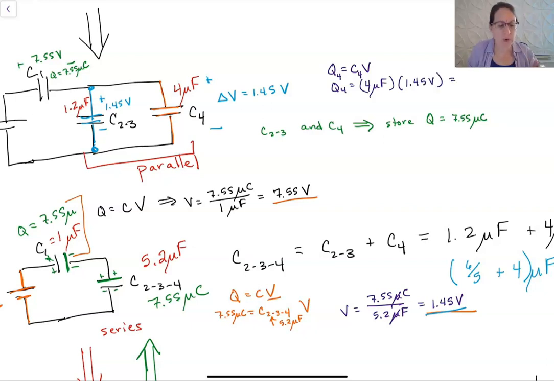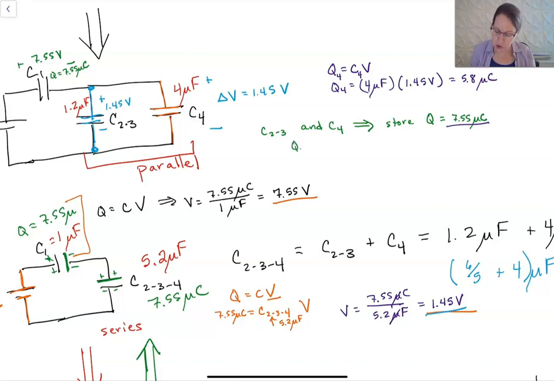And when I multiply that out, I get 5.8 microcoulombs, so for Q4. So we're expecting, since the total charge on these is 7.55, that if we subtract those two, we should get the charge on 2,3, but we'll go ahead and work that out.